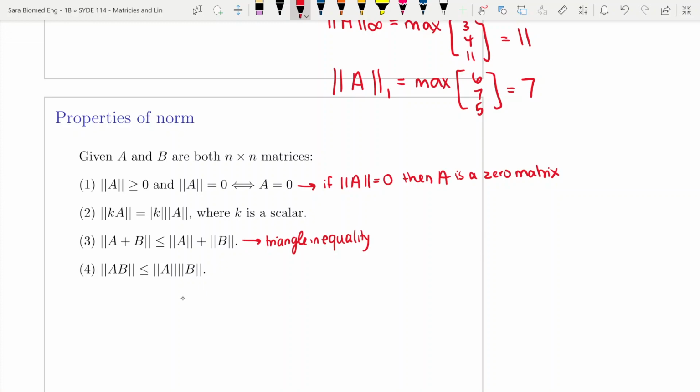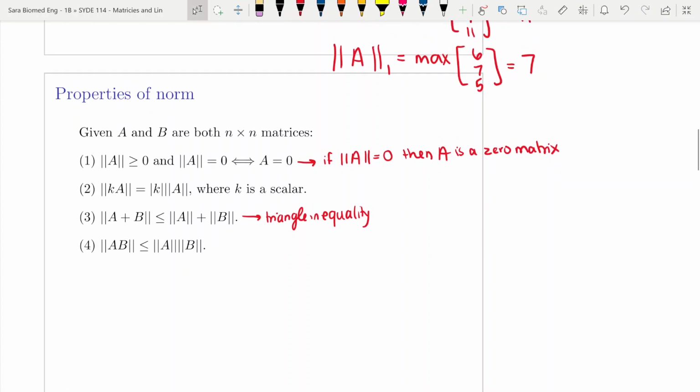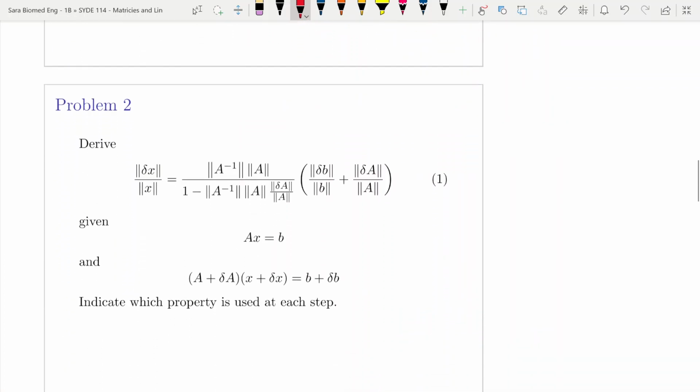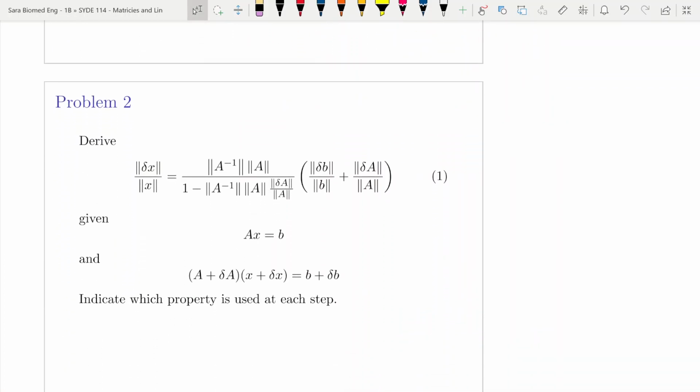In the next question, problem 2, we're going to show why these properties are useful. This is a proof problem. It's probably going to take a while, so I'll give you maybe 10 minutes and we'll go through it together.